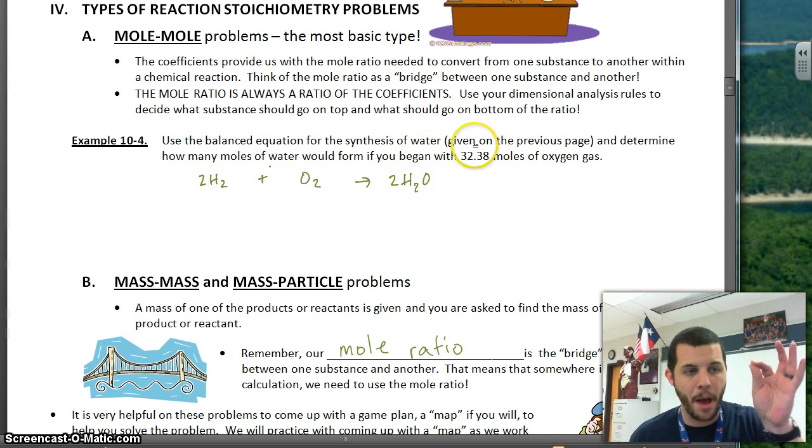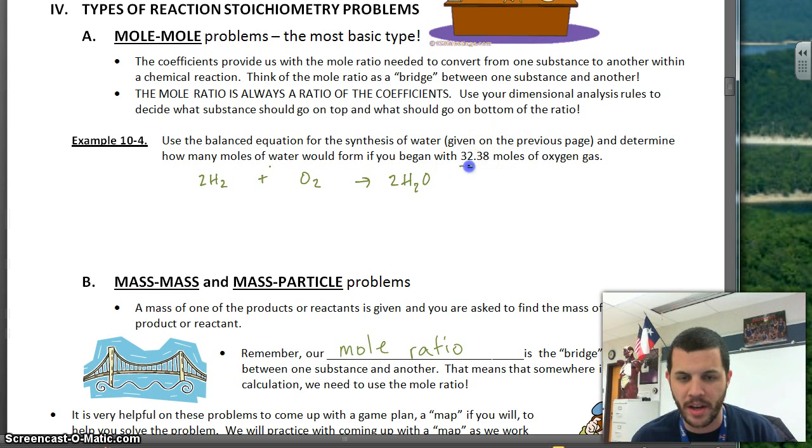So the next step every single time is you're going to take your given. So I've got 32.38 moles. Okay, I'm going to write the given amount underneath whatever element or compound I'm dealing with, whatever reactant or product. So in this case, I'm dealing with oxygen gas, so I'm going to write 32.38 moles directly underneath oxygen.